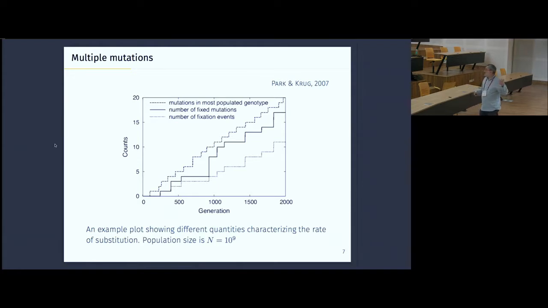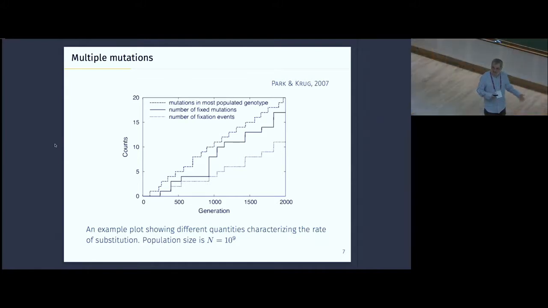So this is a very regular pace, and it is this effect which makes the adaptation process more regular. You always know that something is going to happen in the most populated genotype.